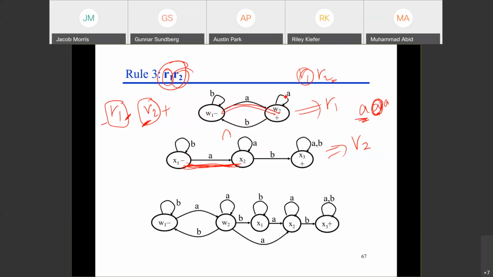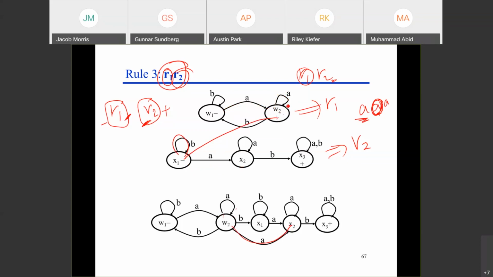You are not sure whether these two A's belong to this or to this, because you connected that with this one. That's the reason it might be this or that. So we have this A here, and A goes to X2 also. If you are here, you go to X2, so we go to X2 also.